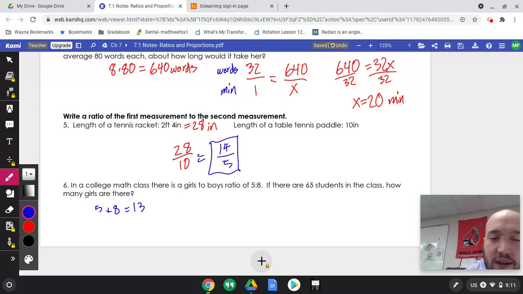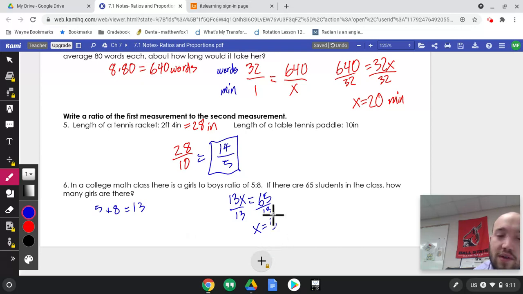Now, I don't know how many pods there are, but I can set up 13x and set that equal to 65. Okay, so now from here, we divide by 13, and we get x to equal 5. So we're saying there are 5 different pods of 13.